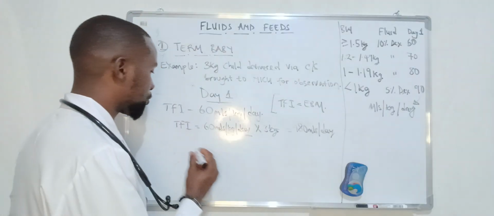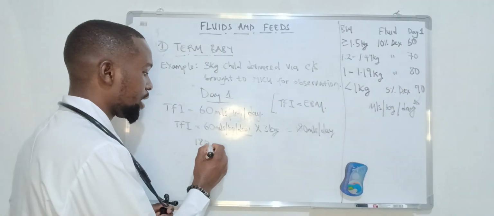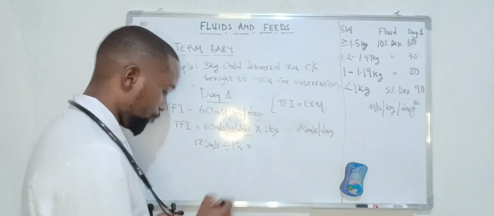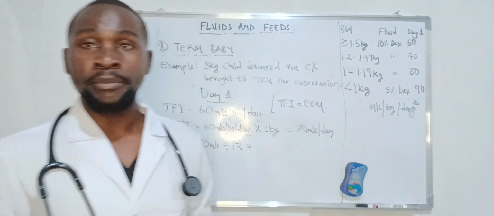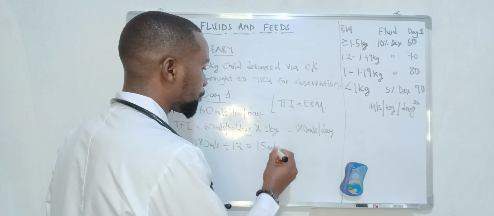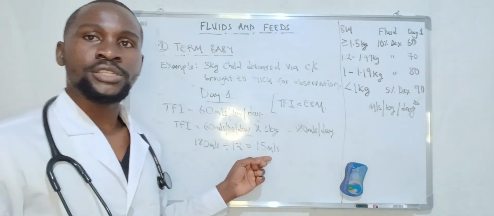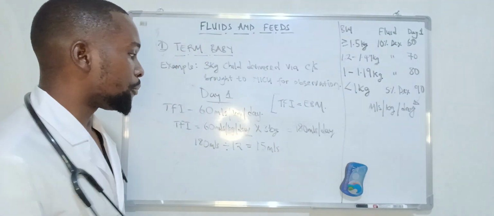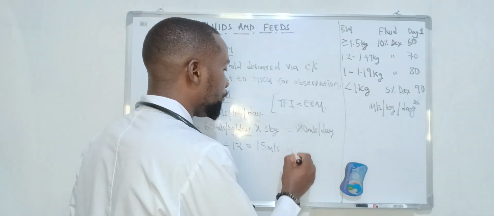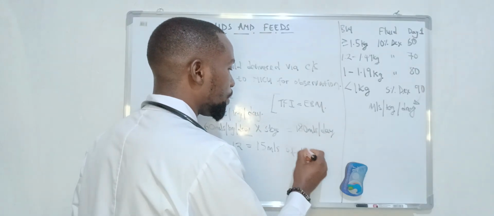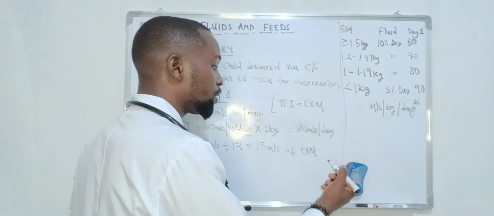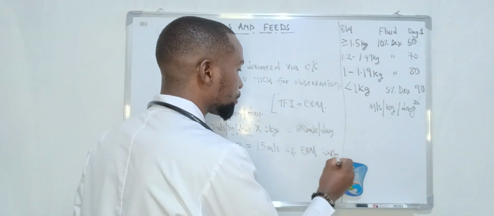So how do we go about that? We'll say 180 meals divided by 12. When you divide 180 by 12, it will give you 15. So on day 1, this child is supposed to receive 15 meals of EBM, or 15 meals of feeds every 2 hours.